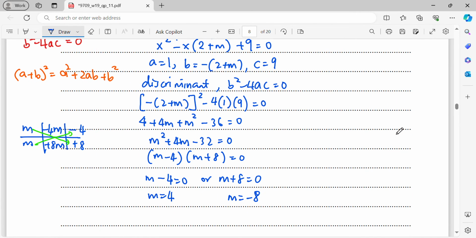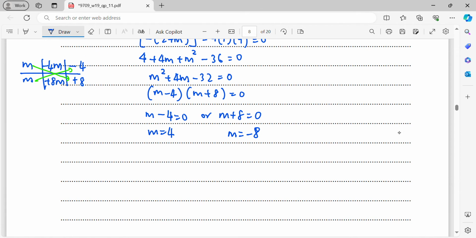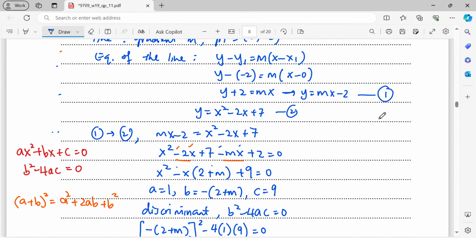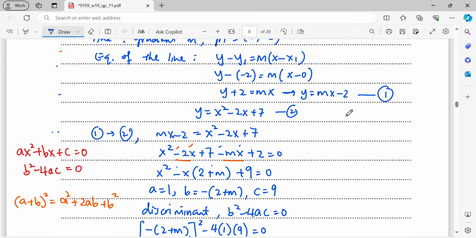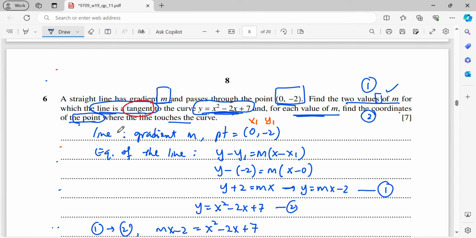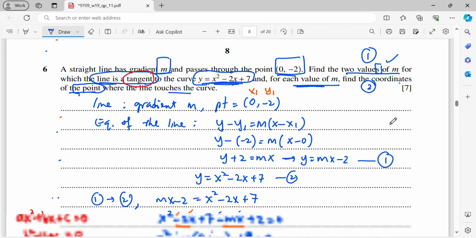From here, I need to solve the simultaneous equation later on. I will say that the intersection point is basically the intersection point between the line and the curve.